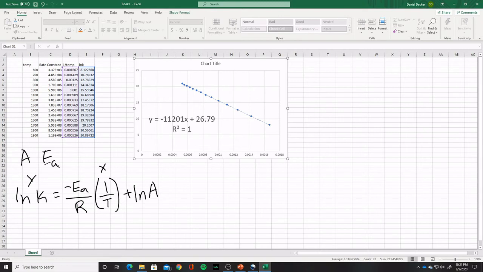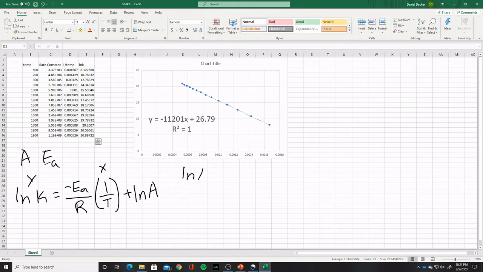Anyway, moving on. So if we're trying to find A, if you remember, the natural log of A is equal to the intercept. So we know the intercept. The intercept is 26.79.